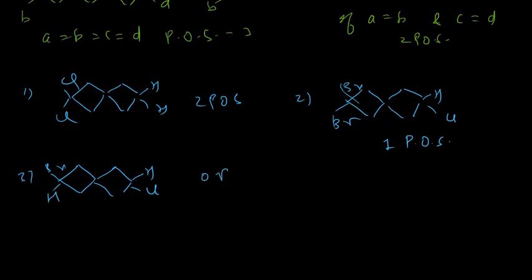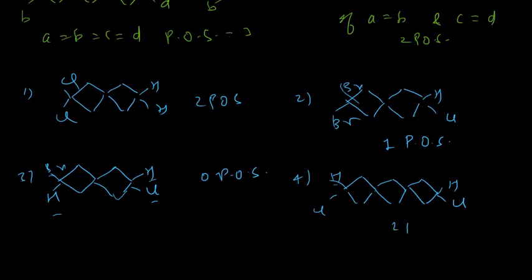It has 0 POS, and does not have any plane of symmetry because these two are in different planes, and Br and H are in different planes. Hydrogen, chlorine, then hydrogen and chlorine. It has 2 POS.